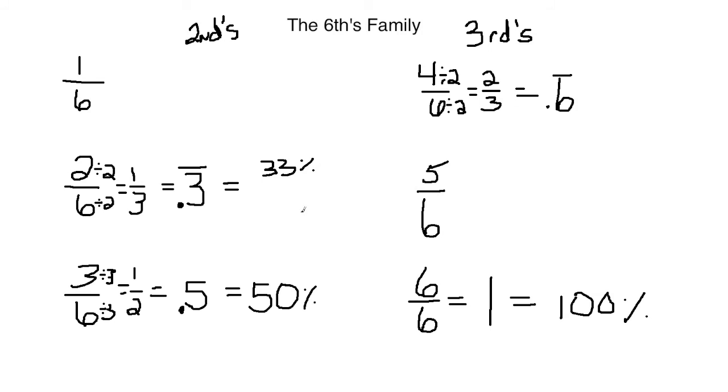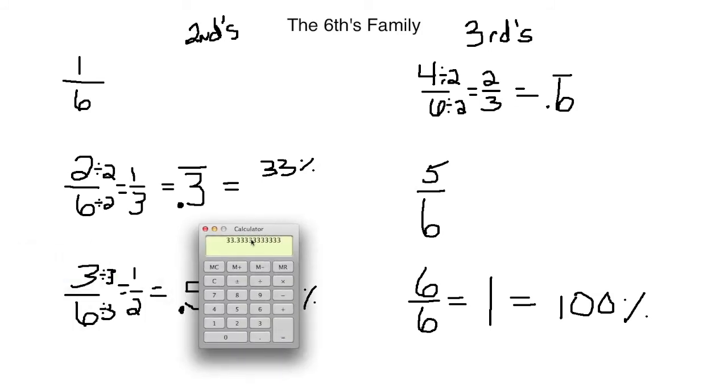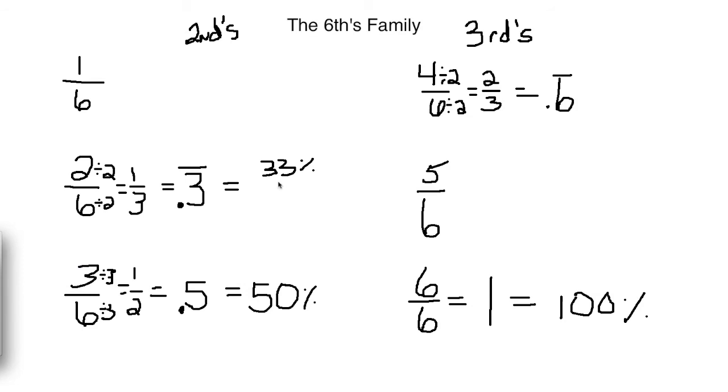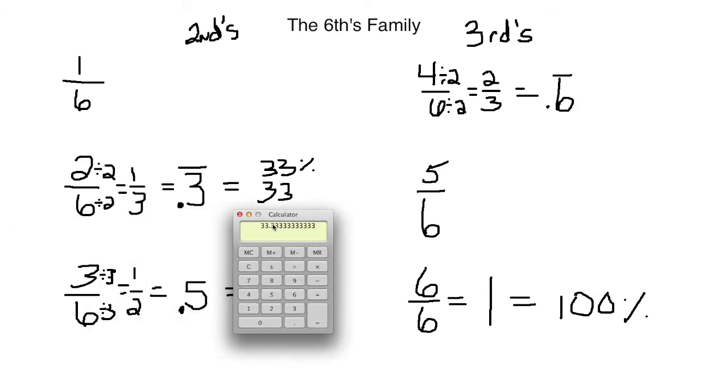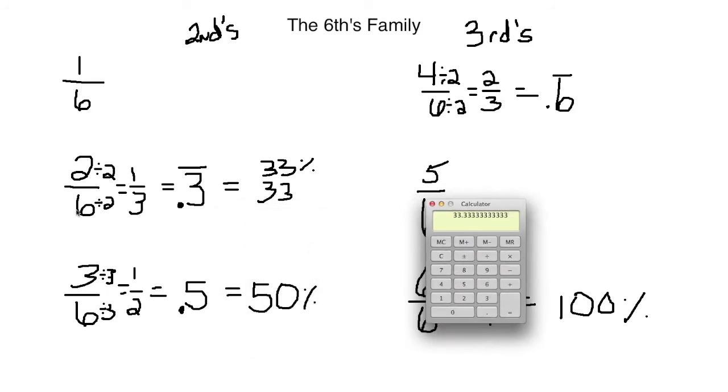Now, it also has a fraction percent. Once again, you still move the decimal, move 2 butt cheeks to the right, and you're still going to have 33. Now, what fraction makes point right here, decimal 3333333, and that would be 1/3.